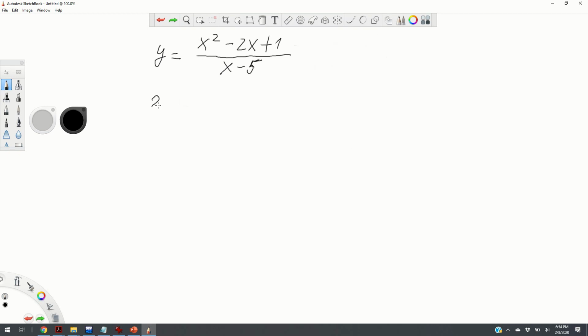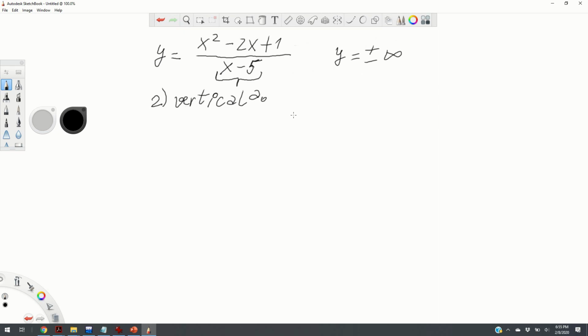The next step is to investigate the vertical asymptotes. So, what are the function's vertical asymptotes? Well, we want to find the values of x for which the function will be equal to plus or minus infinity.